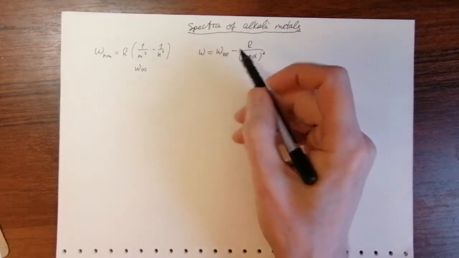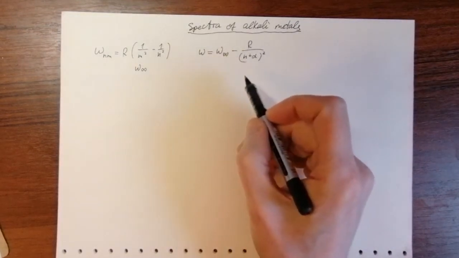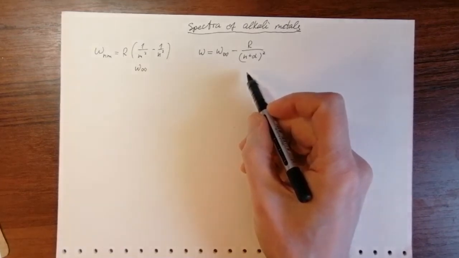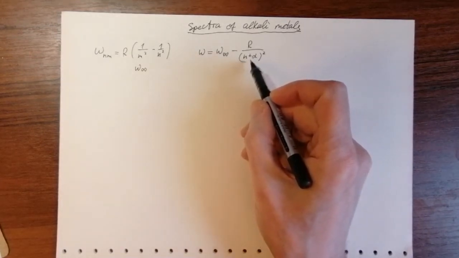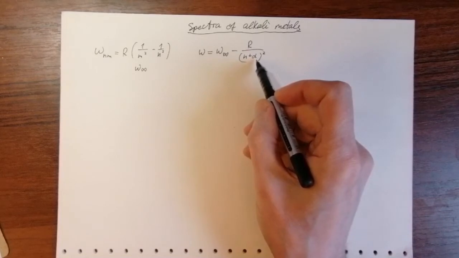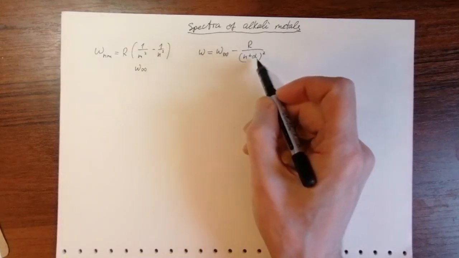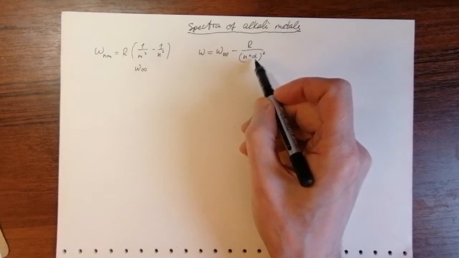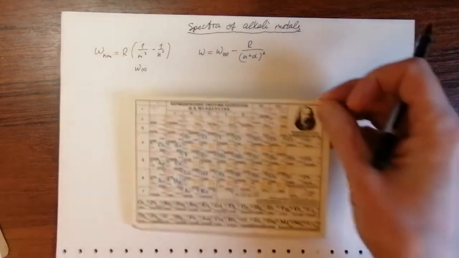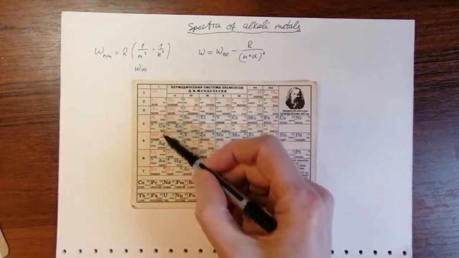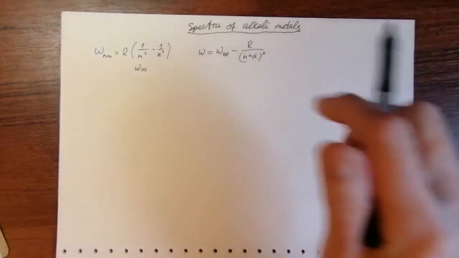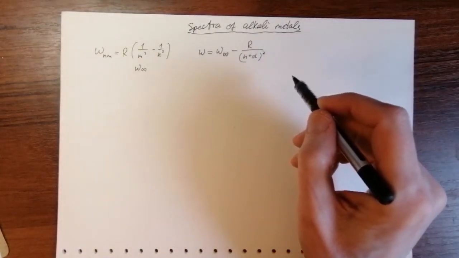Here again, omega infinity corresponds to the limit of the series, n is an integer number, and alpha is a fractional number. These constants, omega infinity and alpha, have different values for different alkali metals.